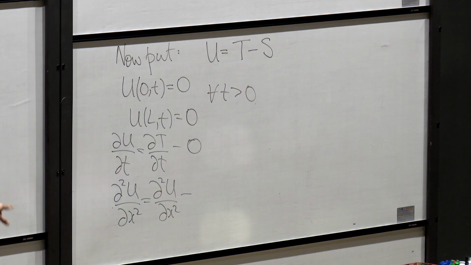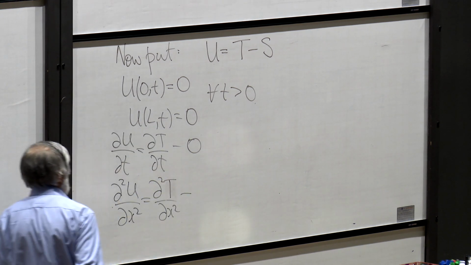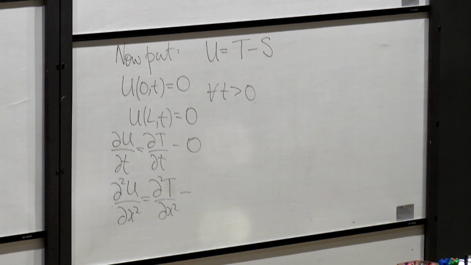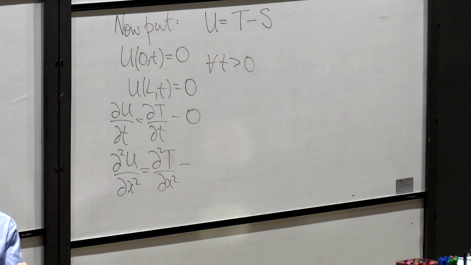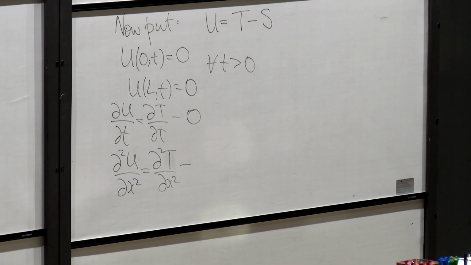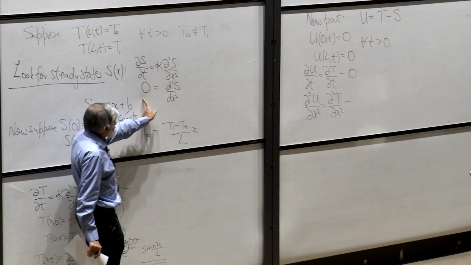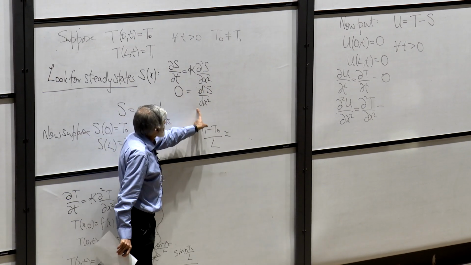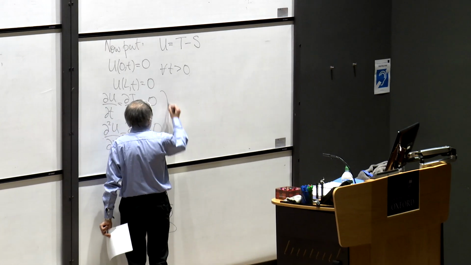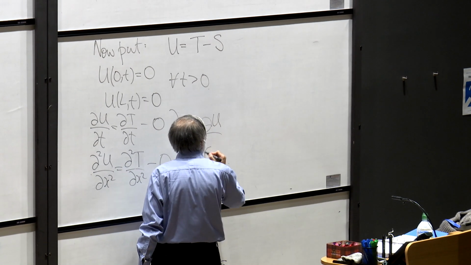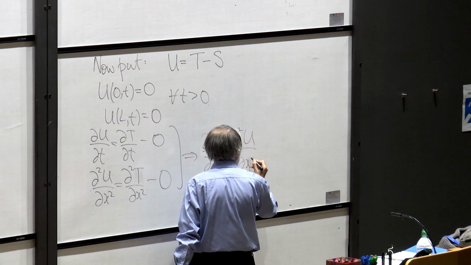Well, d2U by dx squared is d2T by dx squared minus d2S by dx squared. So what's d2S by dx squared? Well, by construction, d2S by dx squared is 0. So this implies that U satisfies our diffusion equation, or heat equation.